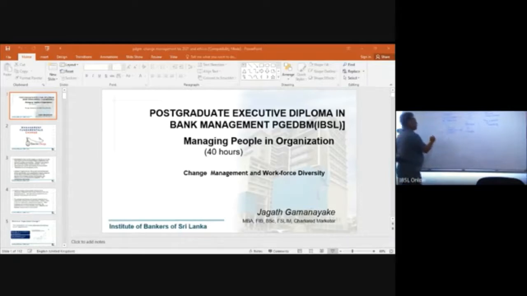The second one is lack of consultation. What do you mean by that? That means you do not consult them, or tell them the story about those things. The next one is reluctance to break existing social relationships.